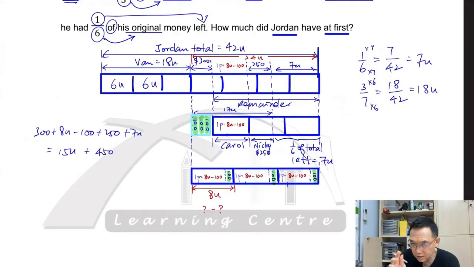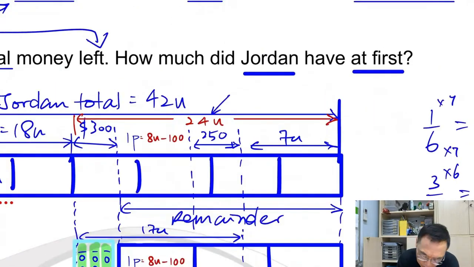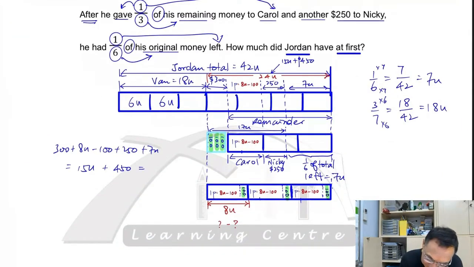And this is equal to 24 units. So this is 15 units plus $450. Okay, this one is 24 units, sorry, not 42.